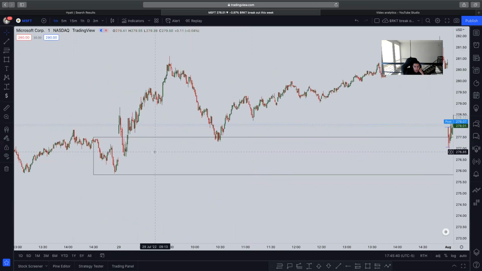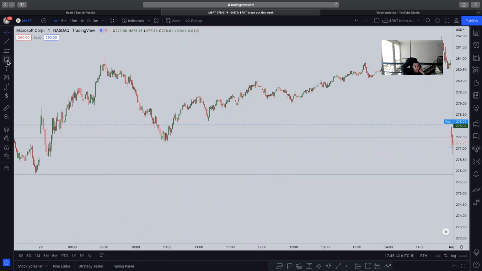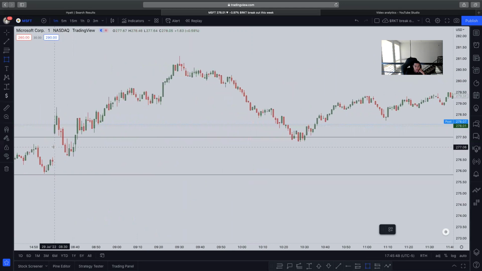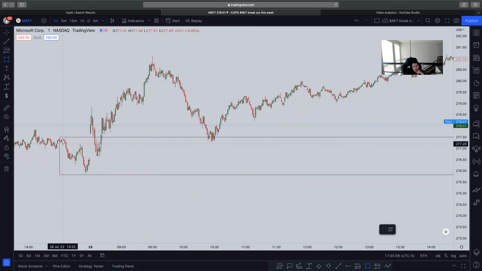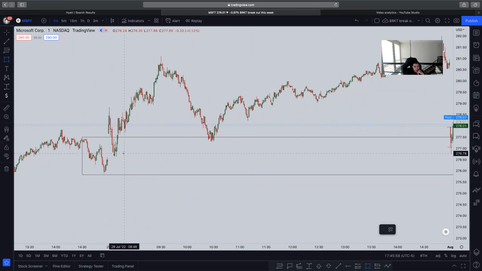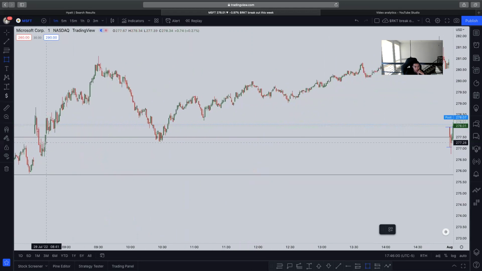Now we've got to start looking at all this price action back here. If we look at this candle over here, this is going to be really tight. Price closed here at 277.05, and price opened 15 cents higher. That is considered somewhat of a gap up.